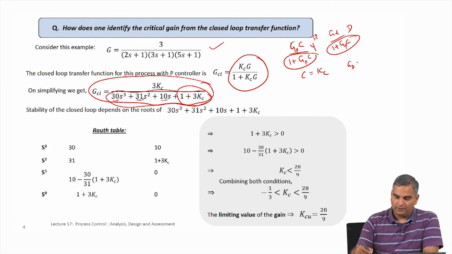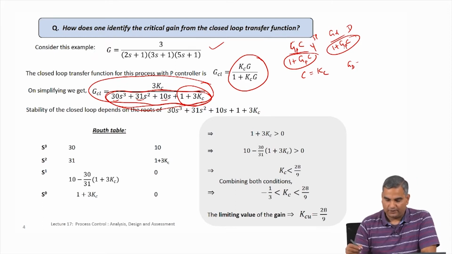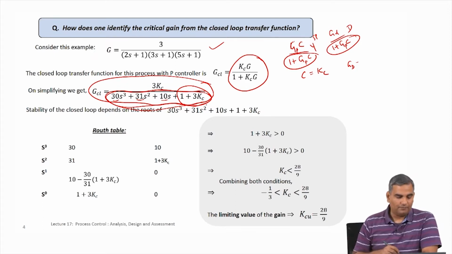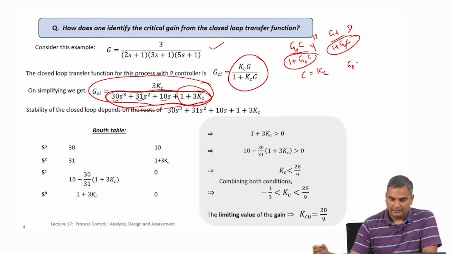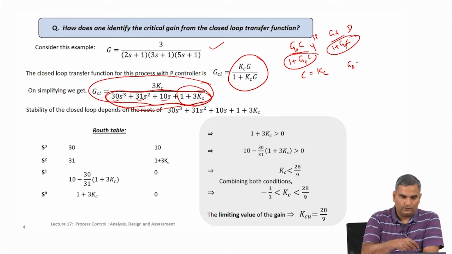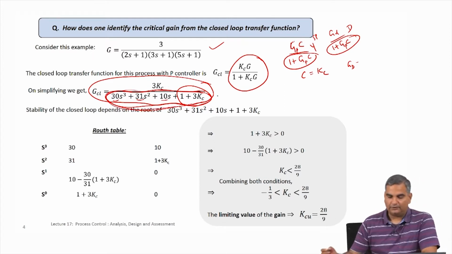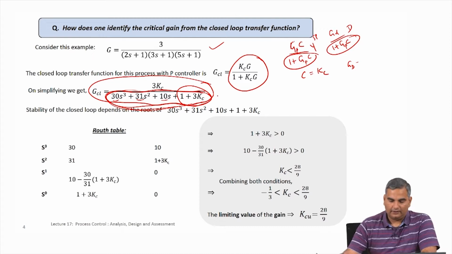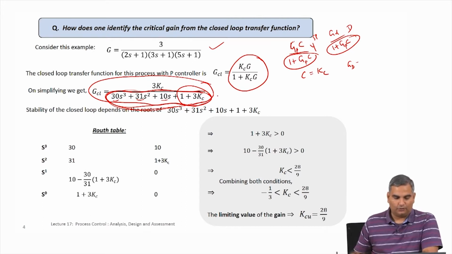When I do GD by 1 plus GPC, I will obviously get this polynomial in the denominator. Sometimes I can also get poles from the GD transfer function in the denominator, and as long as the disturbance transfer function is stable, we do not have to worry about that pole. So we are not going to consider that. That is the reason why, as long as you simply consider this polynomial, it is good enough, whether you are looking at the transfer function corresponding to set point or to disturbance.